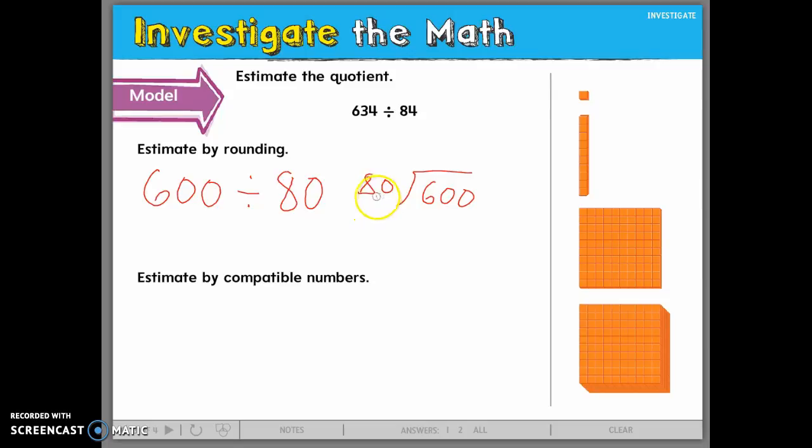Okay, well, here we go. 80 is going to go in there, I don't know, let's say 6 times. 6 times 0 gives us 0. 6 times 8 is going to give us 48. I'm going to subtract 0, 5, that becomes 10. 10 minus 8 is 2. 5 minus 4 is 1.